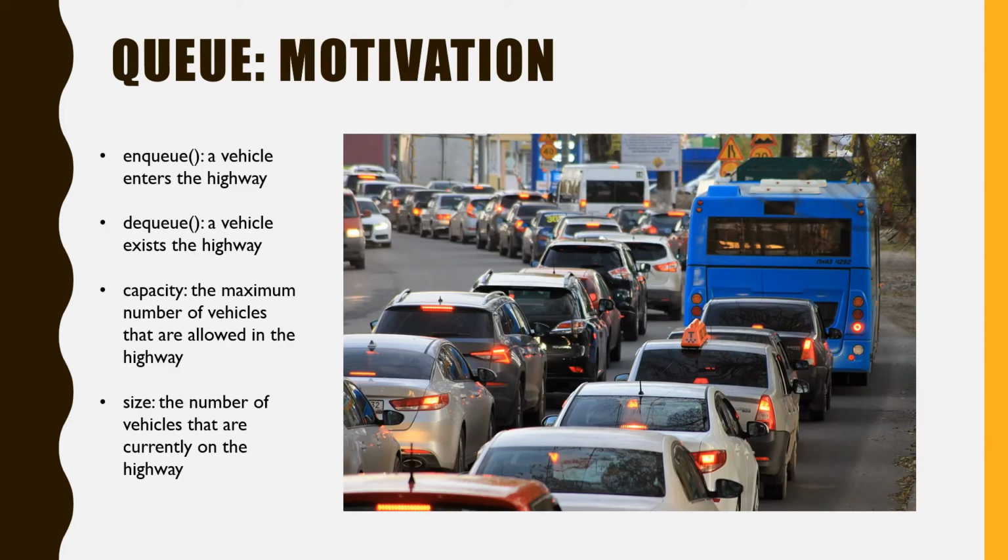There are many applications of the queue data structure in real life. One of the most intuitive applications is to model any simple queue. For example, we can model highway traffic using queue. We can treat the queue data structure as a highway that holds some vehicles. When a new vehicle arrives, we can use the enqueue operation to log its arrival.